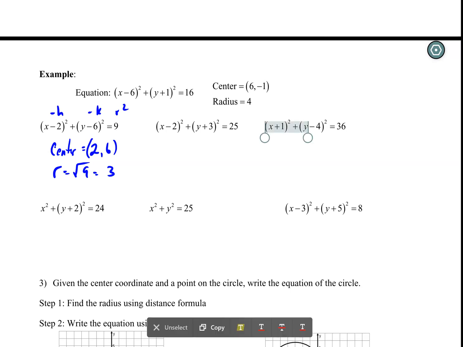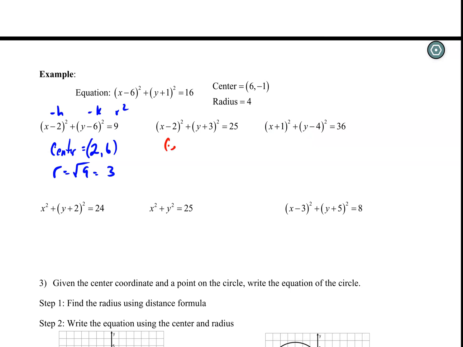For this one here, same thing. I get a center that equals 2, again, opposite. Because in order for me to get a plus 3, I have to subtract a negative 3. So there's my center. Radius equals the square root of 25, which is 5.